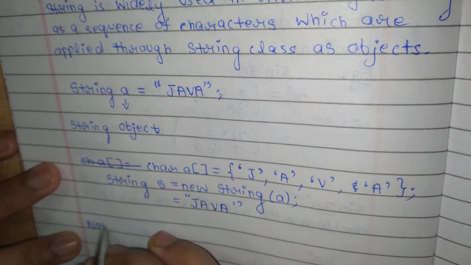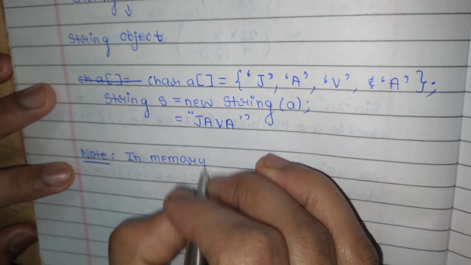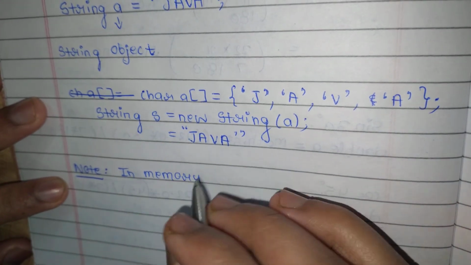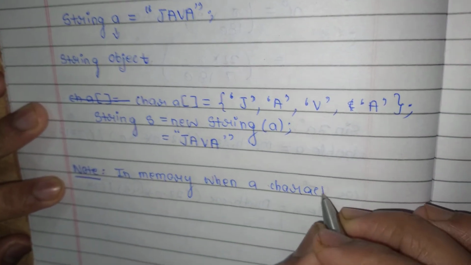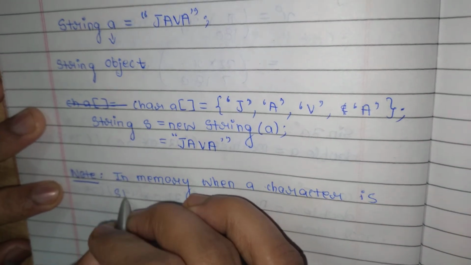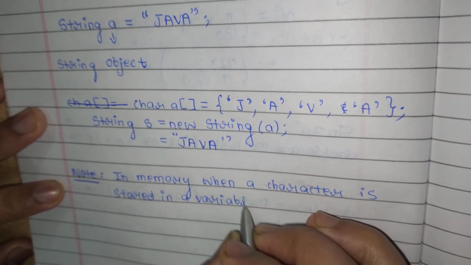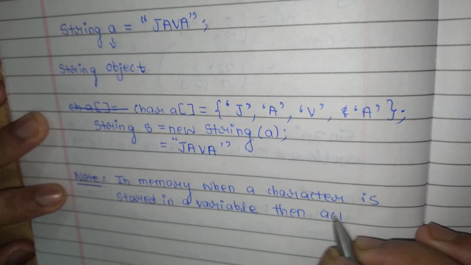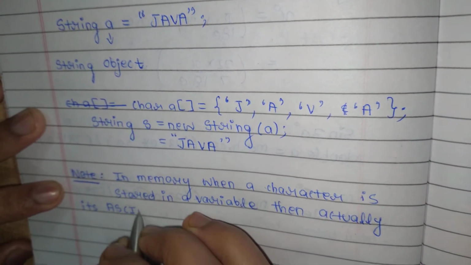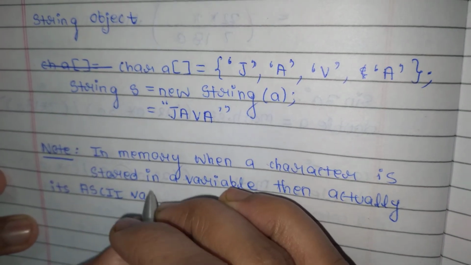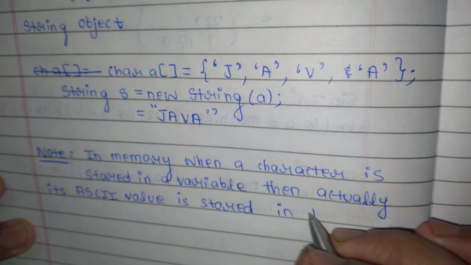Now one note: in memory, when you give a value and it is allocated in memory, when a character is stored in a variable, actually its ASCII code, its ASCII value, is stored in the variable.